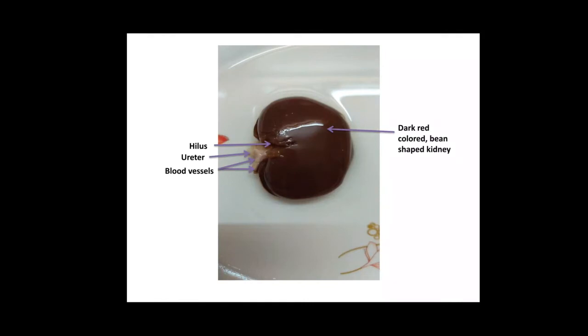Now this is the external structure of the kidney, which is a dark red colored bean-shaped kidney. On the right side you will find a concave structure called the hilus, which is also the point of entry and exit of the ureter and the blood vessels, that is the renal artery and the renal vein.